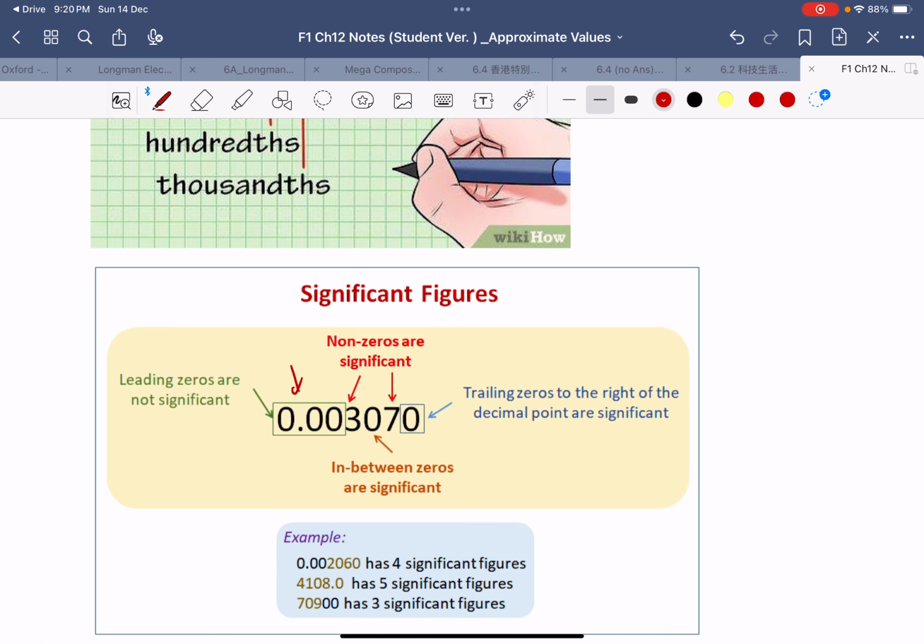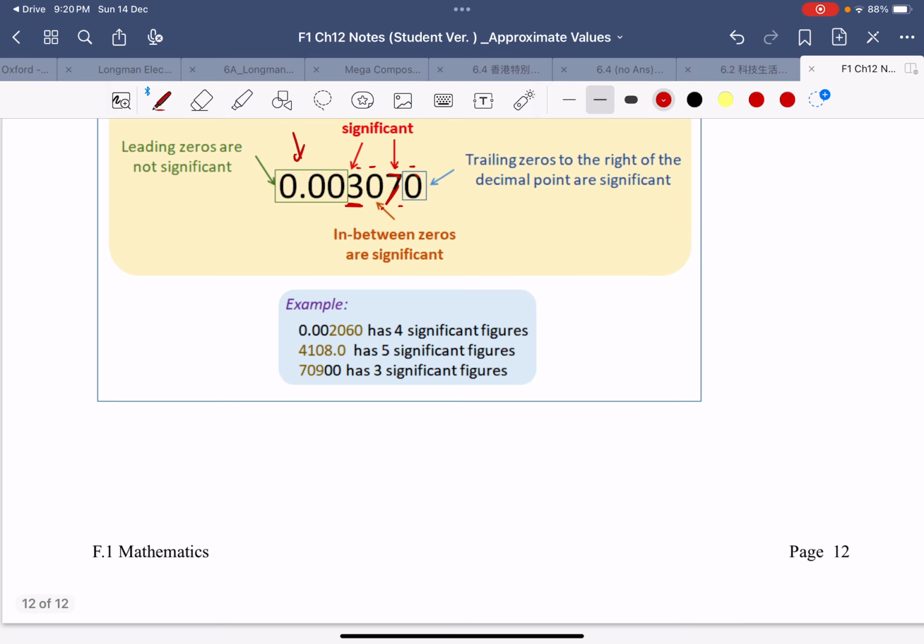Not significant for the front zeros, the leading zeros. And then starting from here, the most significant one, count all the way to the back. 1, 2, 3, 4 here. And the 0 after the 7 here is significant. So you can see all the examples here.